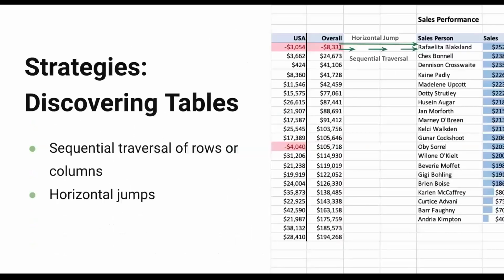To figure out what the spreadsheet contains, most participants used a mix of sequential traversal of rows or columns and horizontal jumps. For example, once they had found the first table, a typical strategy involved exploring the cells to the right of the first table. After they encountered a table, participants tried to understand its structural layout by visiting column and row headers and some data cells.